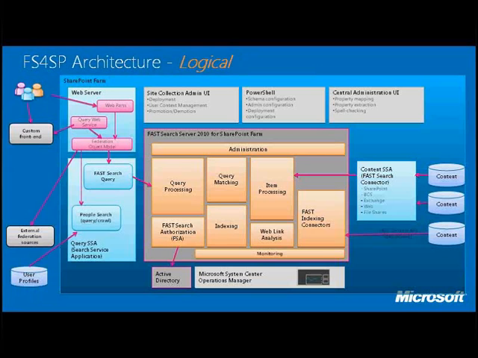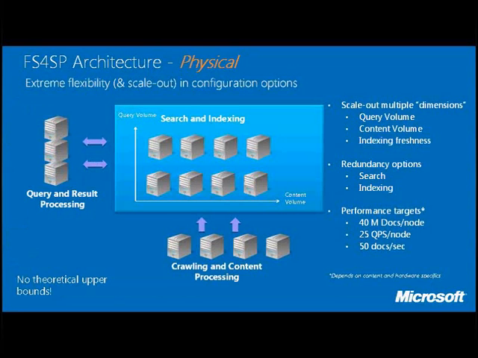It's in the FAST Search server box in the middle. This is where all of your document processing occurs, where all of this pipeline stuff happens. The crawling and content processing are these 4 servers at the bottom, but these are processes that you can identify how many processes you put on each server.